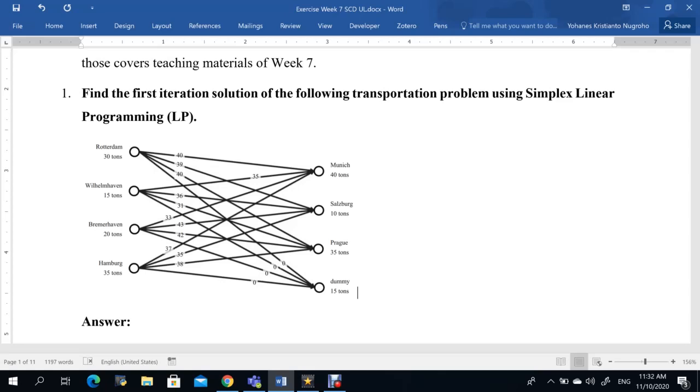Munich 40 tons, Salzburg 10 tons, Prague 35 tons, and the dummy destination 15 tons. And the task is to find the optimal allocation from which source to which destination, so that the cost of transportation is minimized.